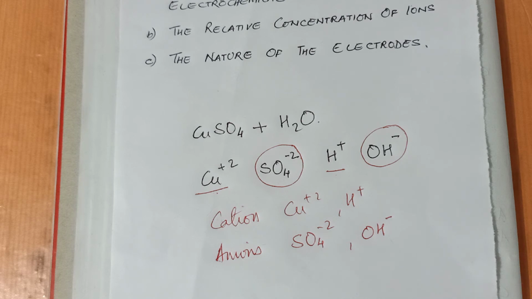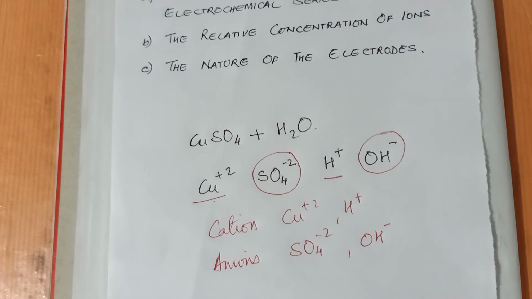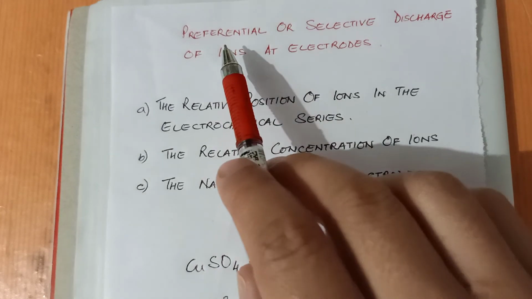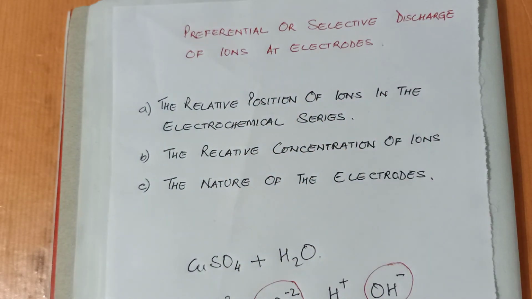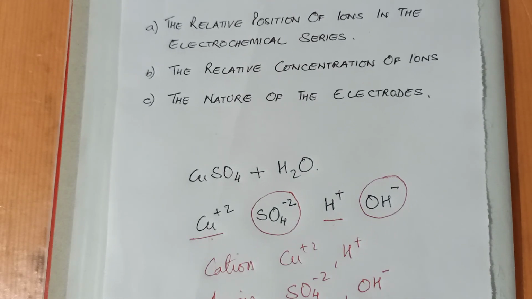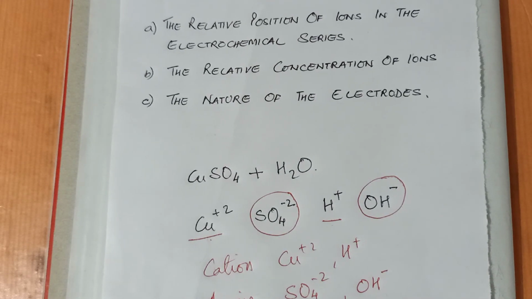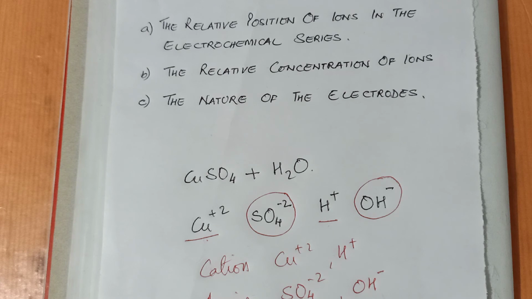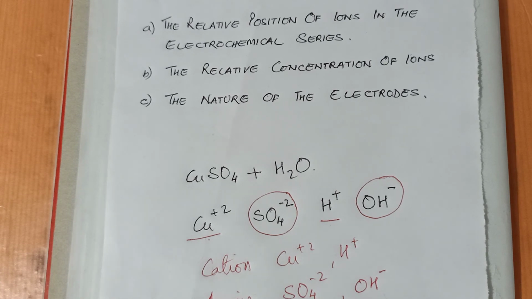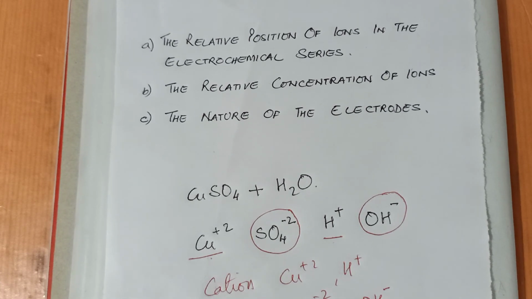Only one anion can move. So which one will move? That is again decided by the preferential or selective discharge of ions at the electrode. And we always come across more than one type of cation or anion whenever we are dealing with electrolysis.